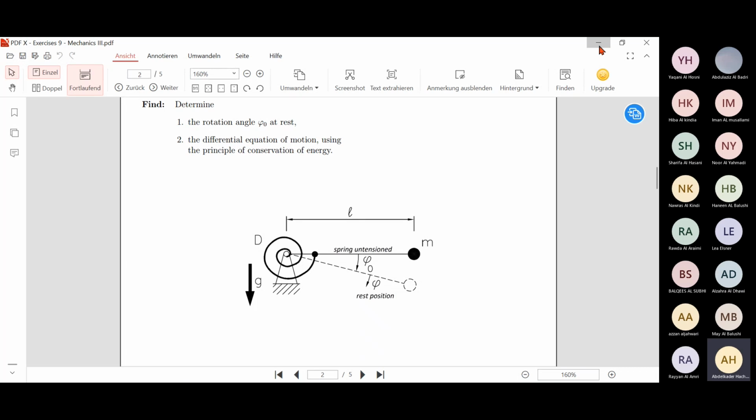Now, by definition, the moment, or let's say the rotation of this spring, is defined by this constant D multiplied by phi zero.